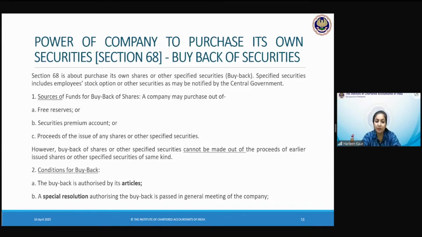Excellent. Securities premium, free reserves, and proceeds of fresh issue. Can we buy back the securities out of the fresh issue of the same kind of securities? Yes or no? Let's try to learn the content here only in the class.